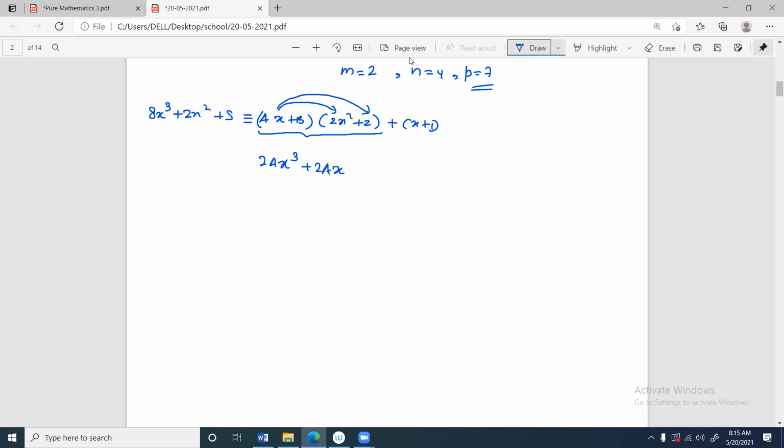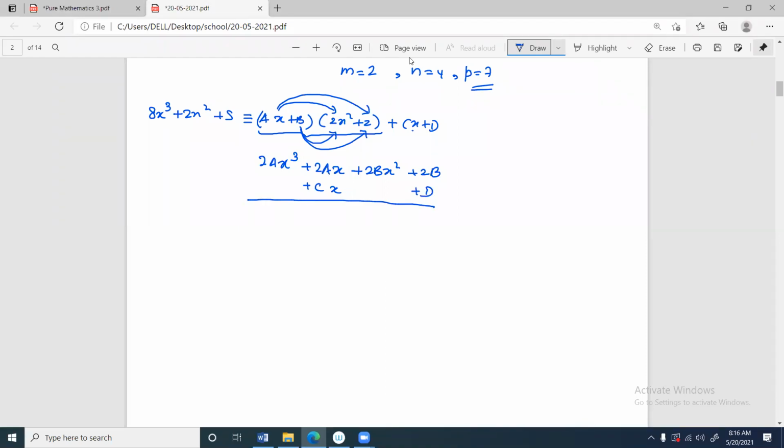Then b into 2x squared is 2bx squared, and b into 2 is 2b. Then write this term also with the same order. The x term, I will write it here: cx. And this is a constant term over here. Then simplify this.